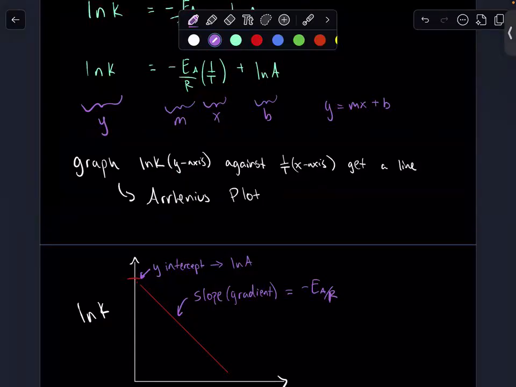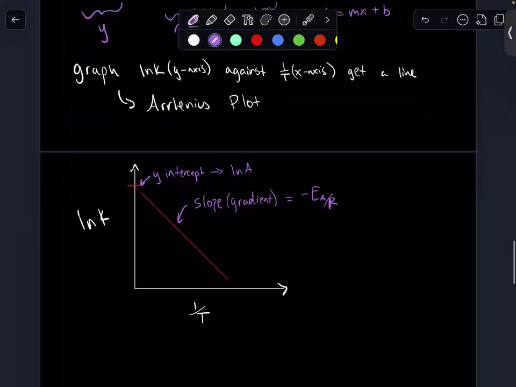This is our Arrhenius plot. We can figure these out super easily because R is a constant, so we can just set Ea equal to negative slope times R, and that's our activation energy.